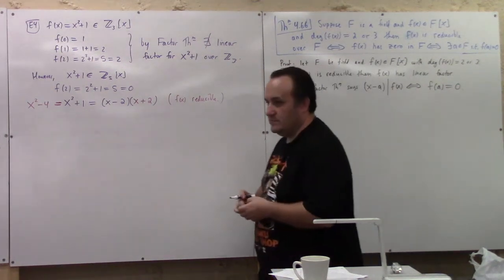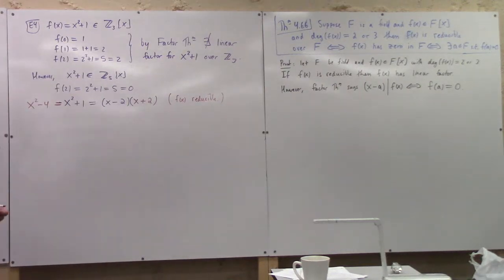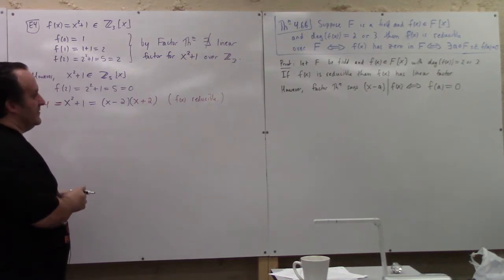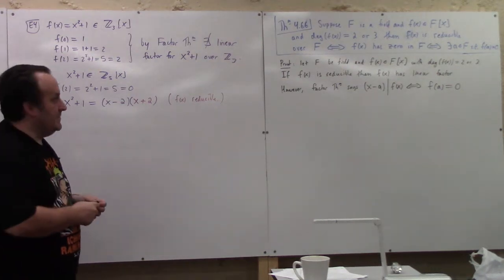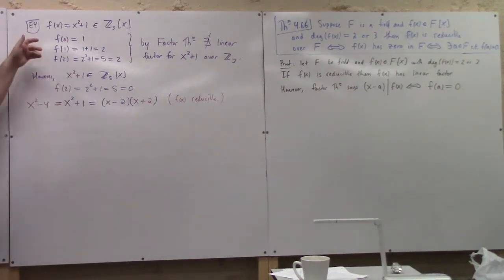So that's the proof, which is exactly the logic we just used in example 4. See, to each 0, there corresponds a linear factor. So if there is no 0, there is no linear factor. And if there's no linear factor, there's no factoring at all in this degree 2.